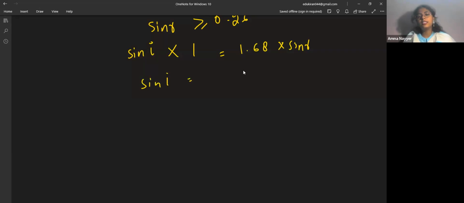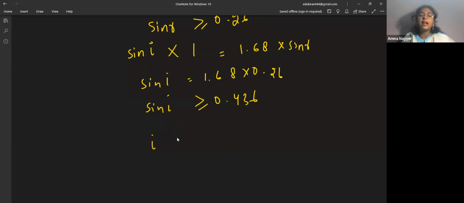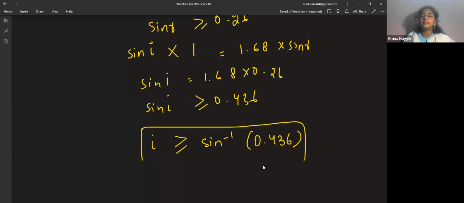It is equal to 1.68 into 0.26, because the entire value of sine r is 0.26. So this becomes 0.436. This is greater than or equal to. So what is the angle of incidence? The angle of incidence is greater than or equal to sine inverse 0.436. That's it.